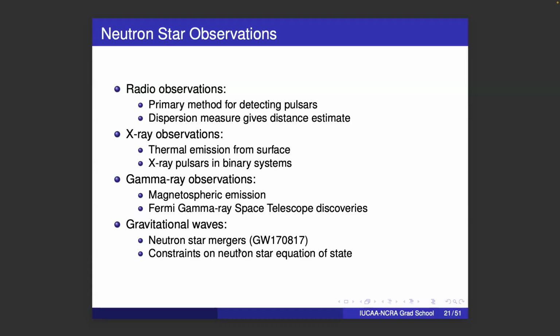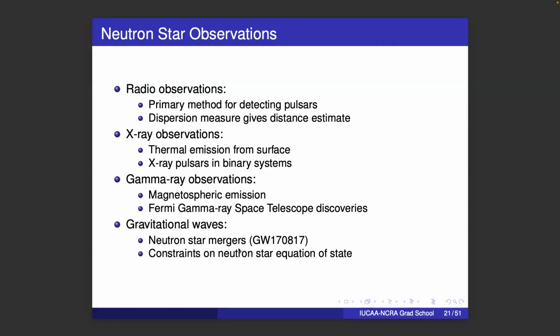Then X-ray pulsars are sometimes seen in binary systems because, as I said, there's a pulsar in a binary orbit. There is Roche-lobe filling from the binary, and now material is accreting onto the neutron star.